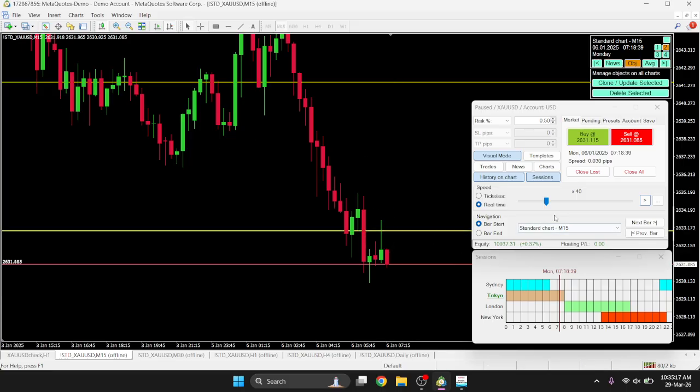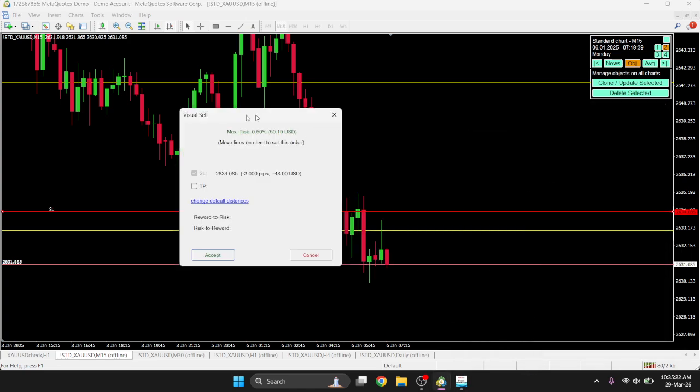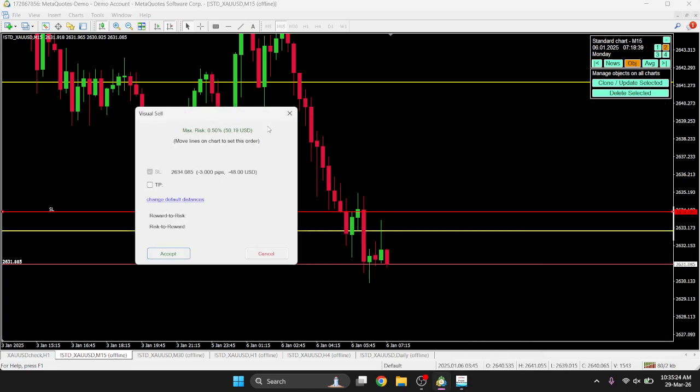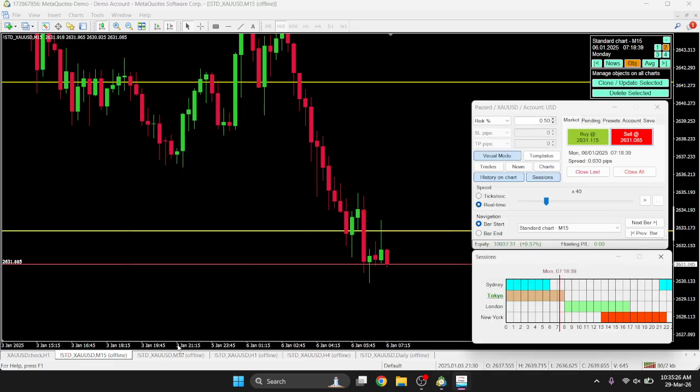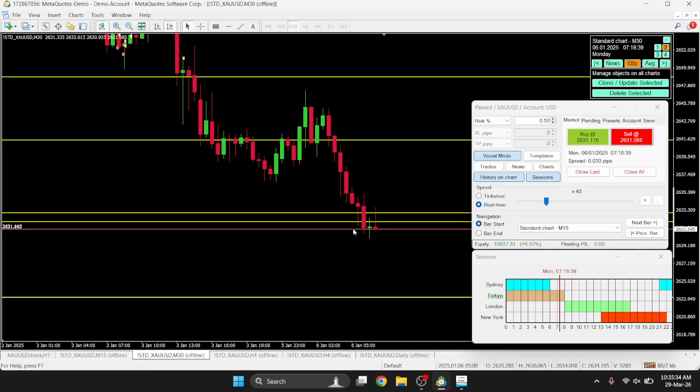So I am just entering this trade. This is a very good setup, an A plus setup.